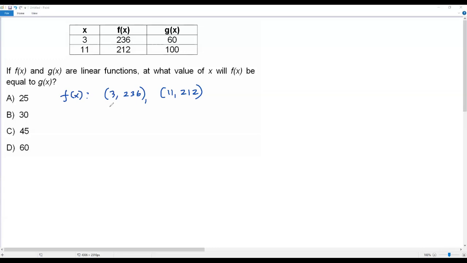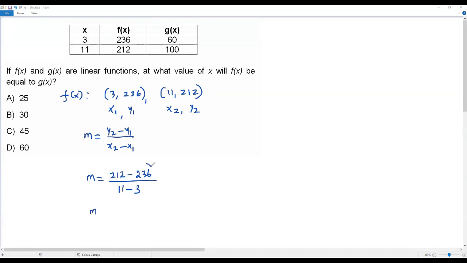To get the slope, we can use the formula for the slope of a line joining 2 points. Here we have 2 points. We can consider the first point as x1, y1, and the second point as x2, y2. So the formula for the slope is m equals y2 minus y1 over x2 minus x1. Here y2 is 212 minus 236, over 11 minus 3.